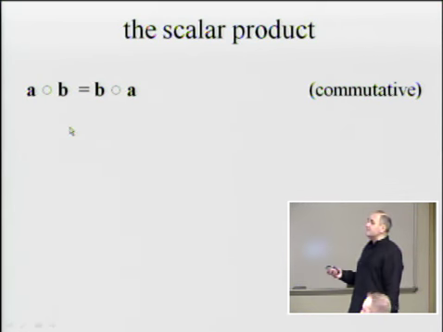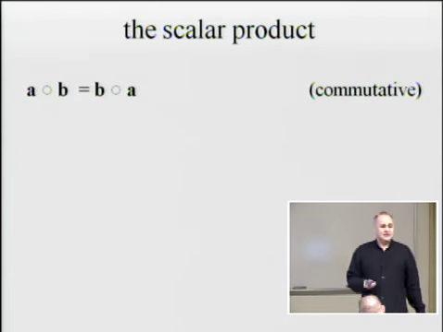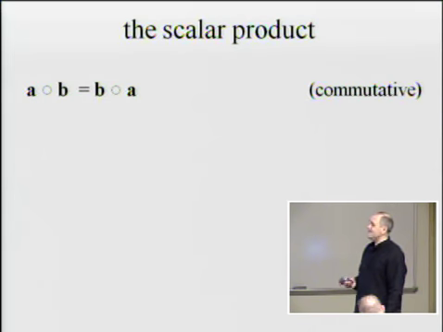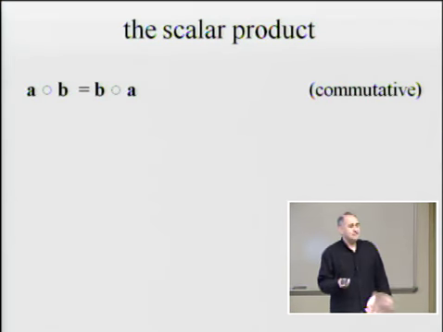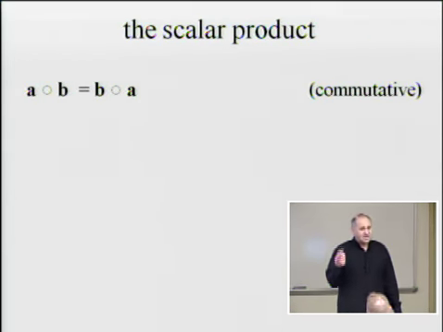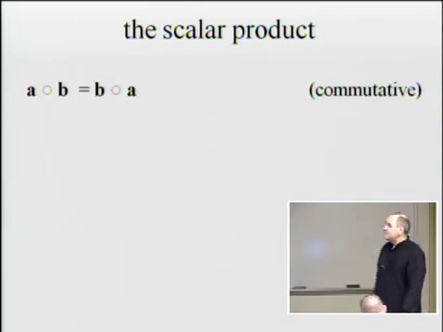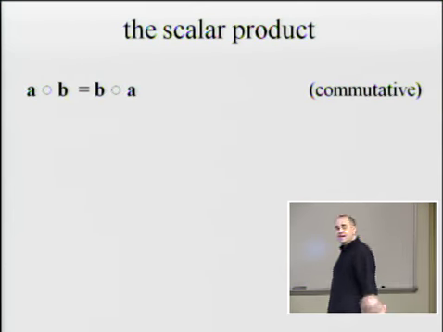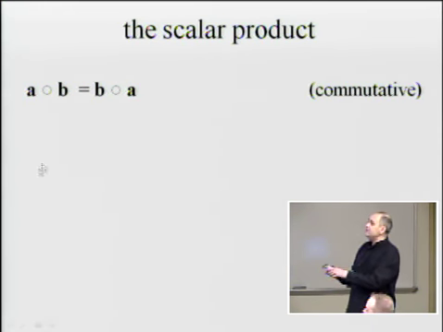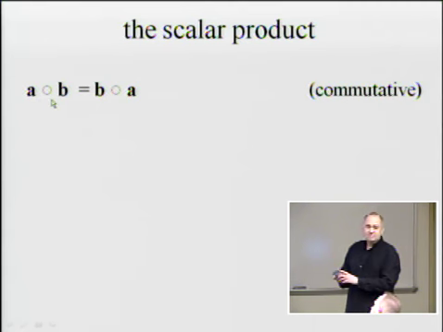It means that the result does not depend on the order in which we multiply. Oh, I forgot to say one thing. I haven't finished it. Scalar product is called scalar because the result is a number. If we multiply two vectors using the scalar product, we should get a number. All right, and that number should not depend on the order in which we multiply.